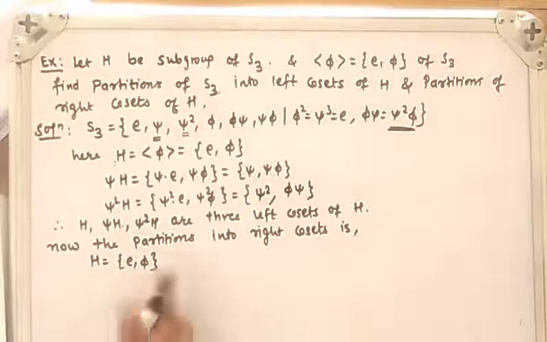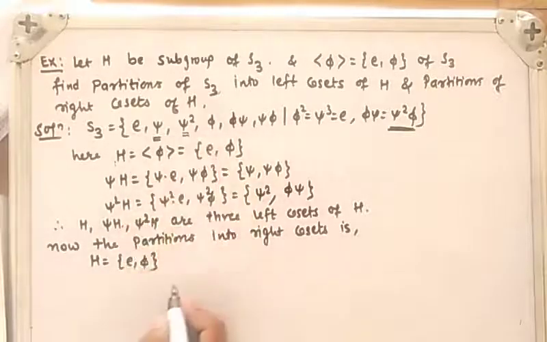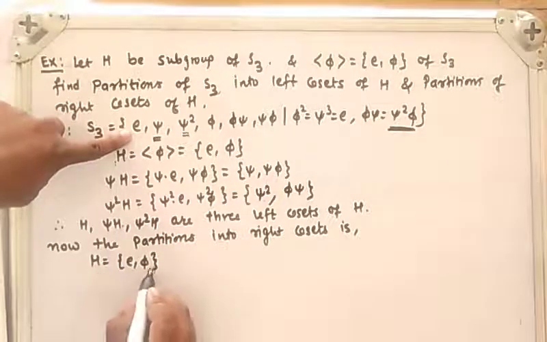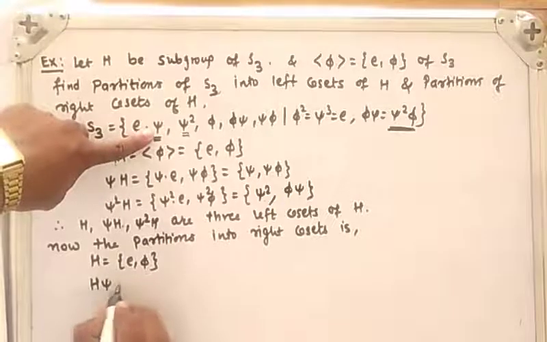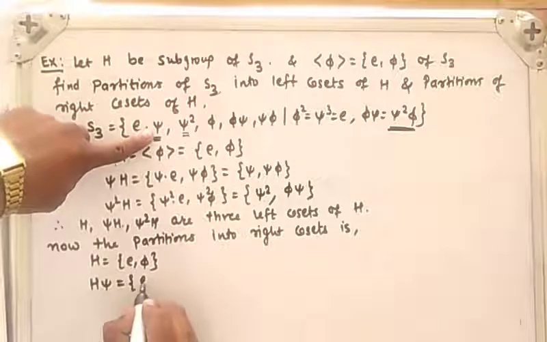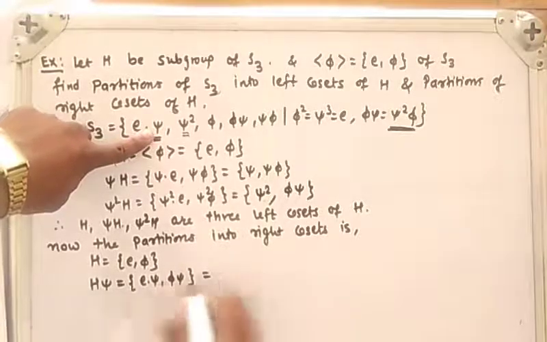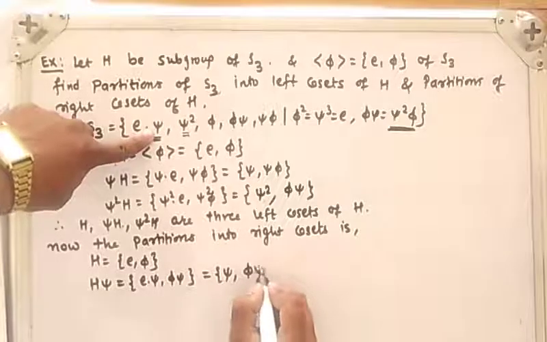So to find the right coset I will multiply this element on the right hand side. First if I multiply H into identity, then we get it as it is. Next I will multiply H into psi, so psi is on the right hand side. So identity into psi and phi into psi, which is psi, and this is phi psi.